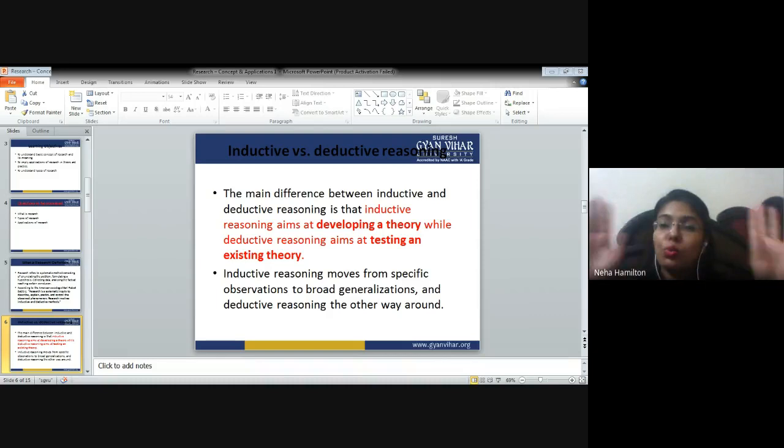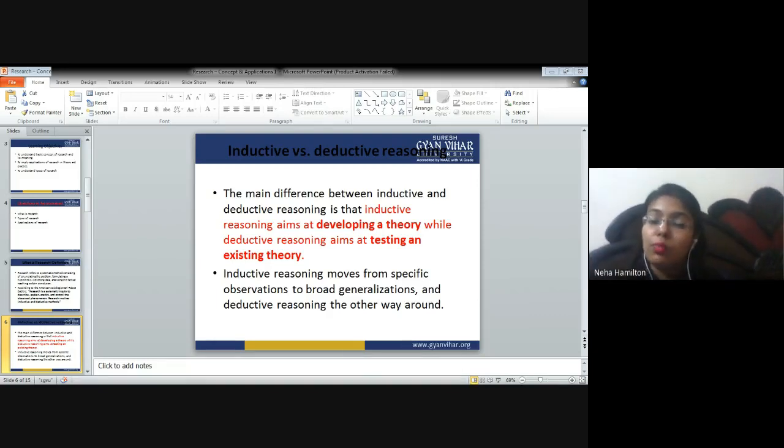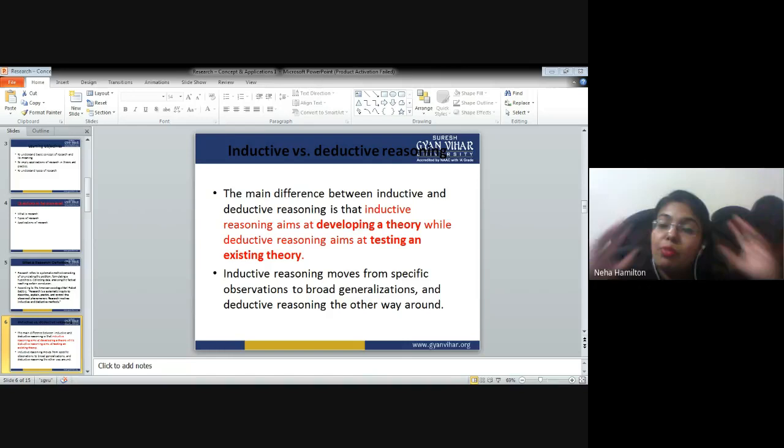You do not know the boundaries of a particular theory. You do not know what can be the variables of a particular theory. So you are just moving from a specific observation to a broad generalization, right? And what is deductive reasoning? You are moving from a broad generalization to a narrow conclusion. So that is called deductive reasoning.